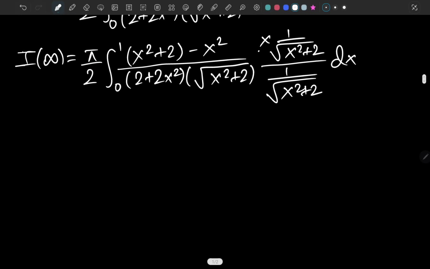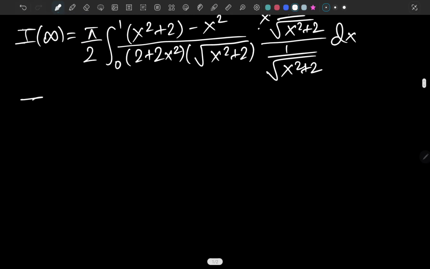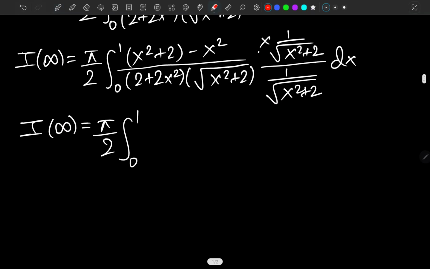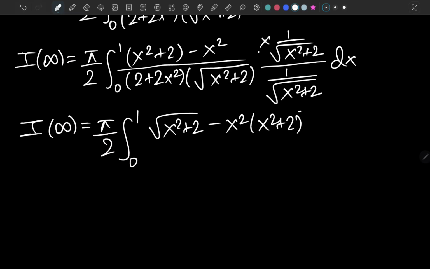Okay, and then we are having I of infinity equals pi over 2 integral from 0 to 1. When you multiply this with this parenthesis, you are going to have square root of x squared plus 2 only, and when you do this with this one, that's going to give us minus x squared times (x squared plus 2) to the negative 1 half.